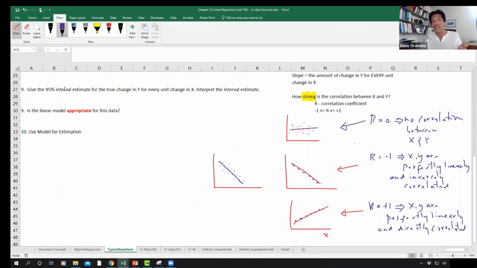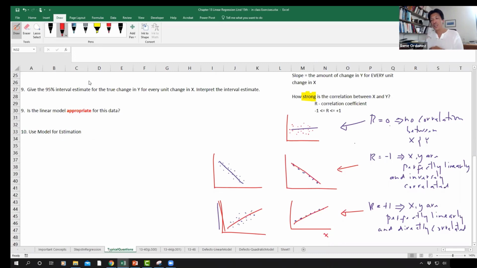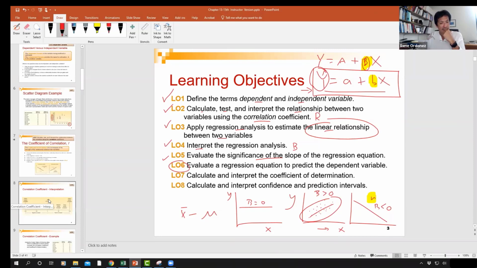Maybe it'll be 0.8 or 0.9. And for this third example, maybe you have plots that look something like this. When you generate the correlation coefficient, this will have an R value that is close to +1.